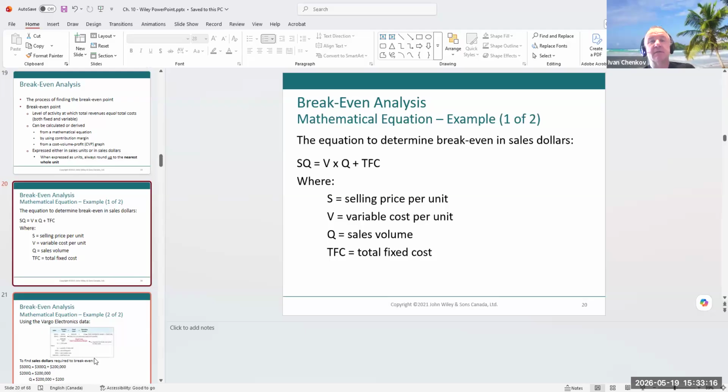In order to start this, we have to find some equations. The equation to determine the break-even sales dollars is going to be, you know what, let's go to the Excel spreadsheet and start working with it.